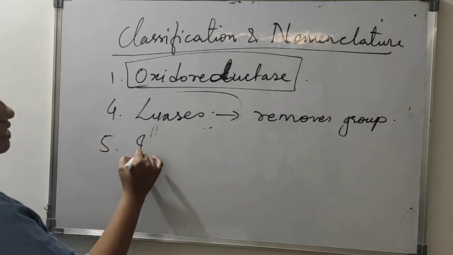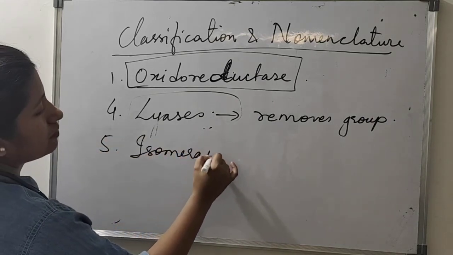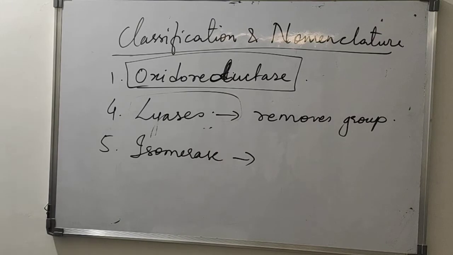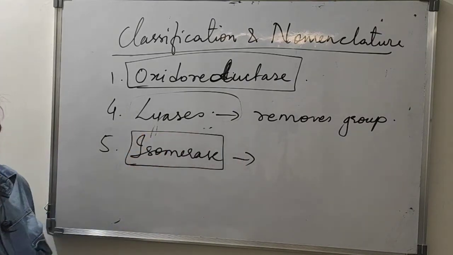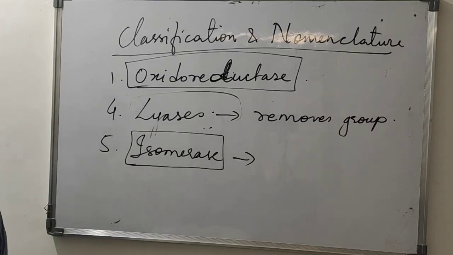Next we have isomerase. What does isomerase do? It helps in interconversion of the structure of the carbon compounds, optical, geometric, position.